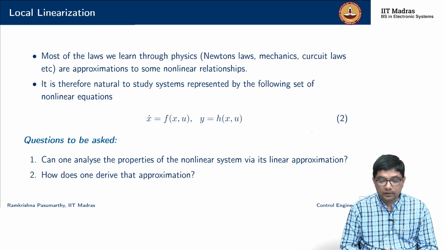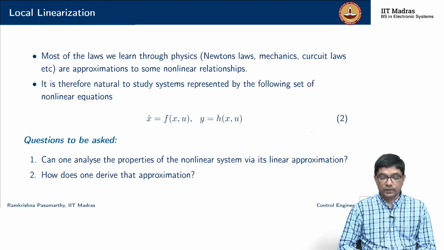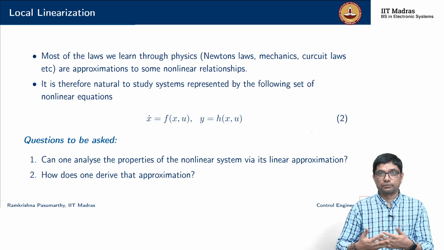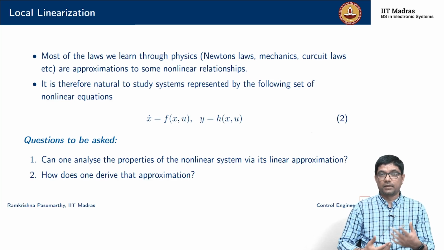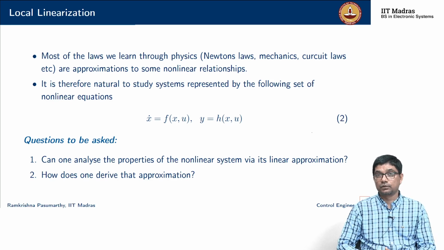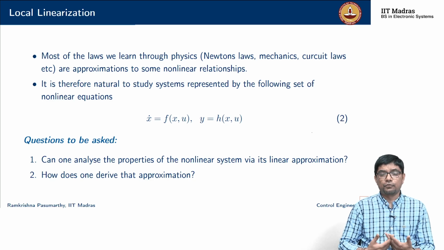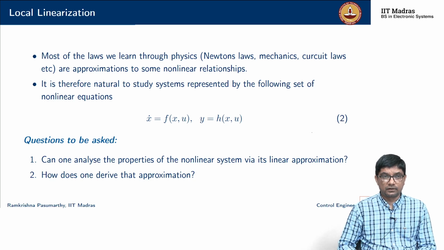Okay, so most laws we learn through physics are approximations of some nonlinear relationships. That was from circuits to, as I said, the relation between mass and the velocity, voltage and current through a resistor, F equal to Kx and so on. So it is natural that formulations could be nonlinear.